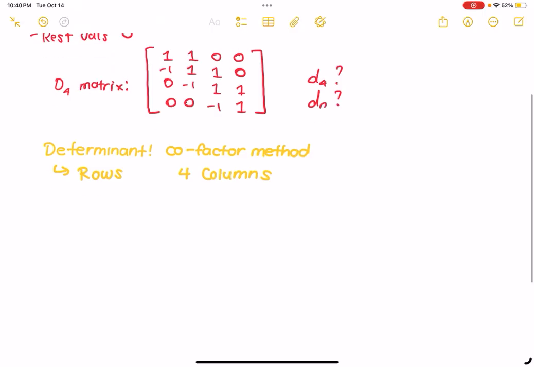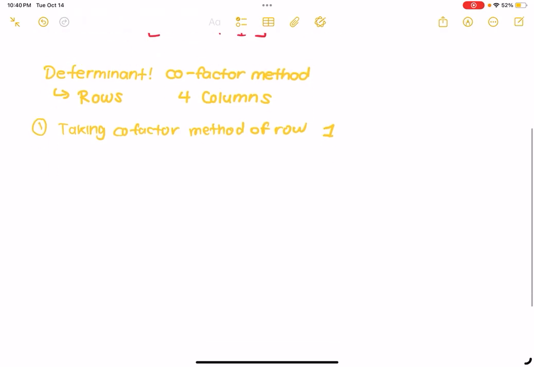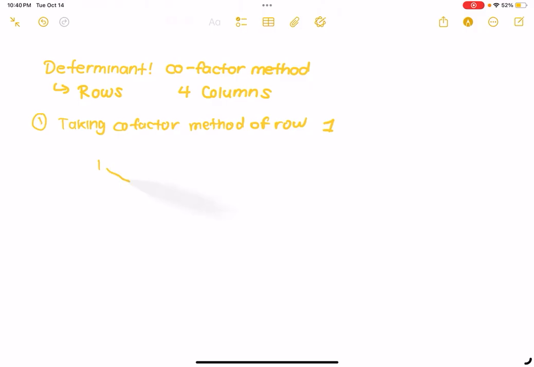So firstly, I'm going to start off by taking the cofactor method of row 1. In this matrix, there's a diagonal of 1s, another diagonal of 1s, and a diagonal of negative 1s, and the rest are all zeros.